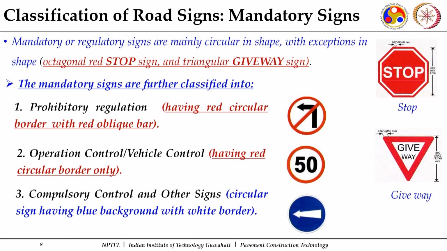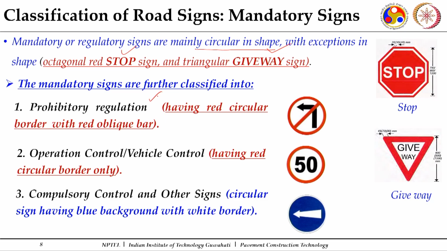Now, mandatory signs, as I mentioned earlier, are mainly circular in shape with some exceptions, like the stop sign, which is octagonal in shape, and the triangular give way sign. These are the two usual exceptions. Then these mandatory signs can be further classified into prohibitory regulation.